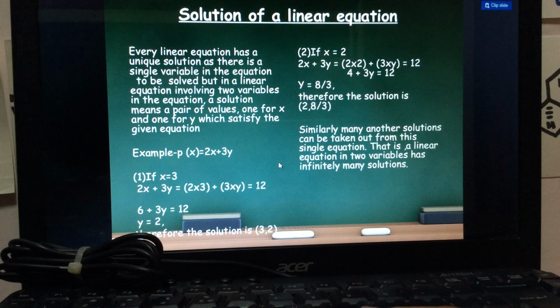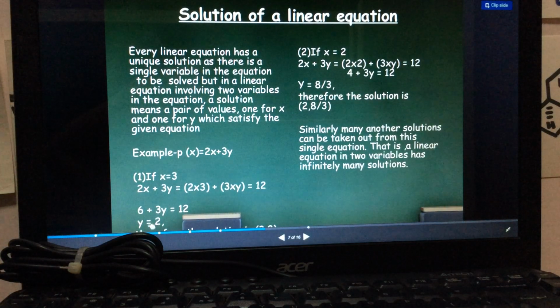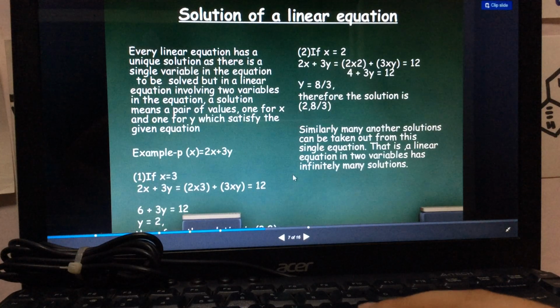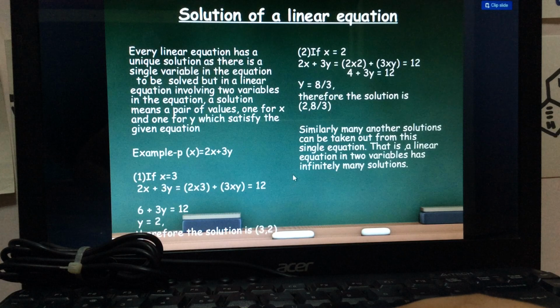So 6 plus 3y equals 12. So y equals 2, and therefore the solution is (3, 2).